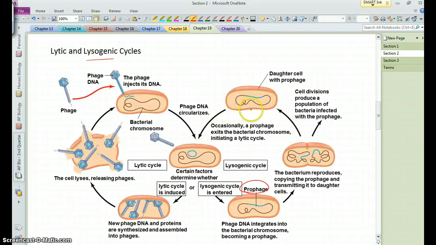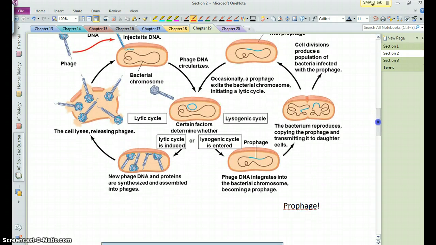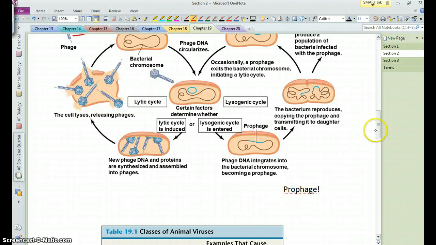Later on, it will then enter the lytic cycle, and the prophage, as you can see, separates itself. It will disable the host DNA, synthesize more of the nucleic acid and the proteins, and then lyse the cell. So this lysogenic cycle is essentially a dormant phase in which you have the prophage incorporated into the host's genome.